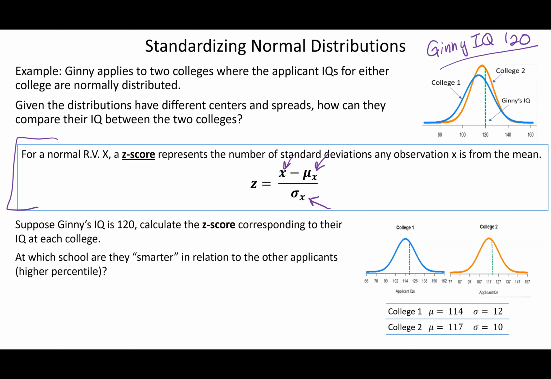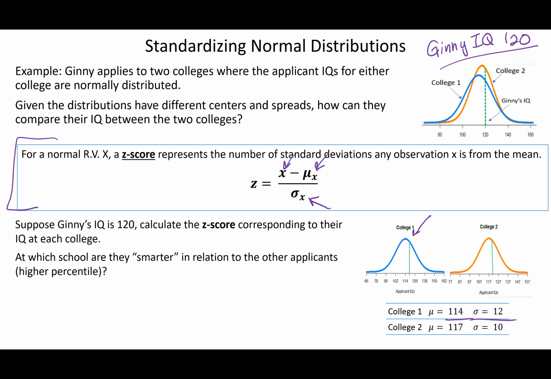So we're going to suppose that their IQ is 120, and calculate the z-score corresponding to their IQ for each college. We want to know at which college they are smarter, in air quotes, in relation to the other applicants. We want to know at which college they would be in the higher percentile for IQ. They gave us this information: college 1, the average is 114 and the standard deviation is 12.